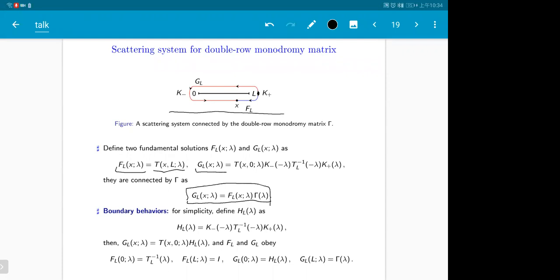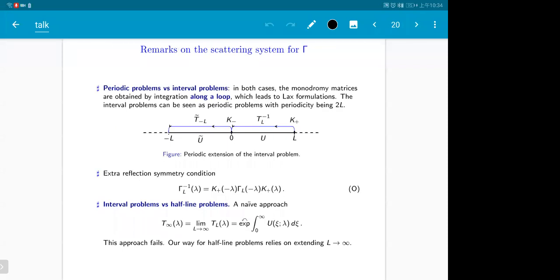Now the fundamental solutions have well-defined boundary behaviors. If you put x equals 0, you have this, and you have the well-defined boundary behaviors of the fundamental solution. Actually, your interval problem can be extended periodically to a periodic problem.